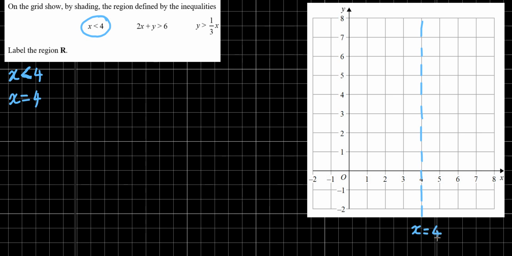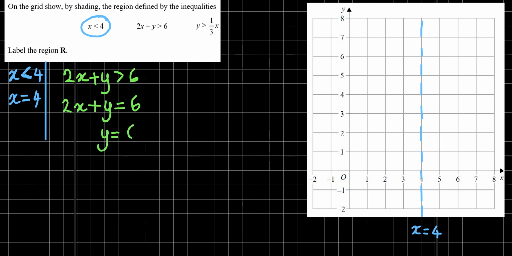Right, next we have the line 2x plus y is greater than 6. We write that as 2x plus y equals 6 for now. y is going to be 6 minus 2x, because we want to make y the subject, so we can plot the line y equals 6 minus 2x.